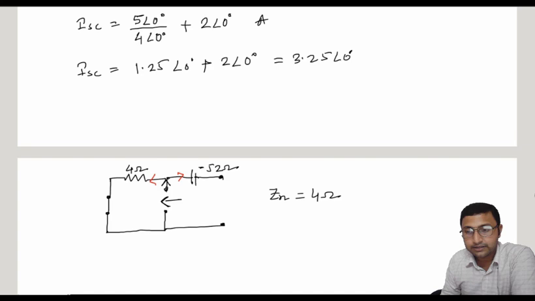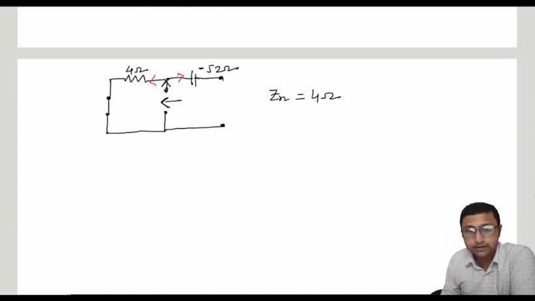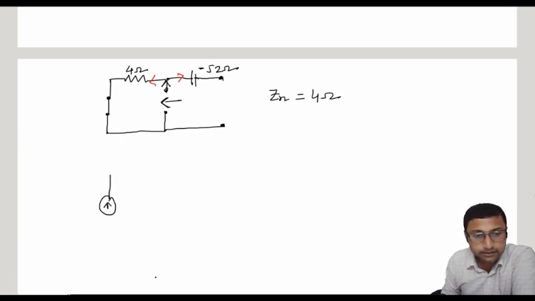So now the third step, that means the final step, is to form the Norton's equivalent circuit. So this is the current source, that is actually the ISC. The current source is an AC current source, and with this is the Zn, and with this is ZL.